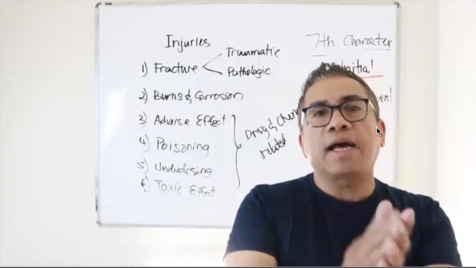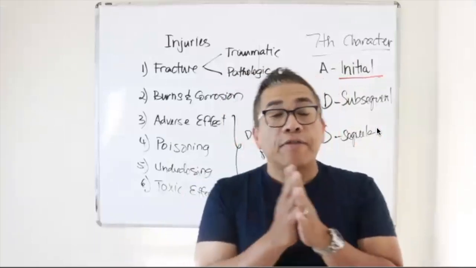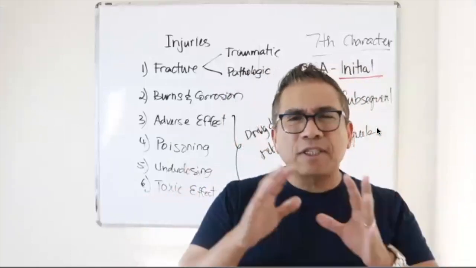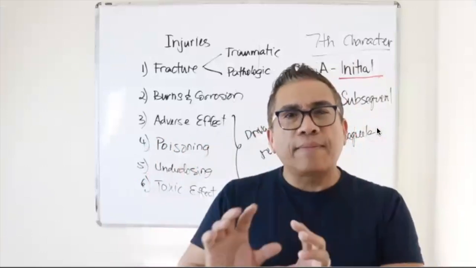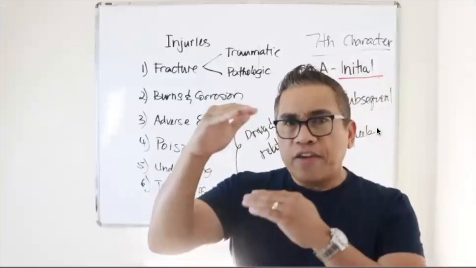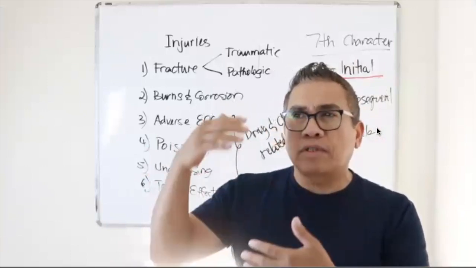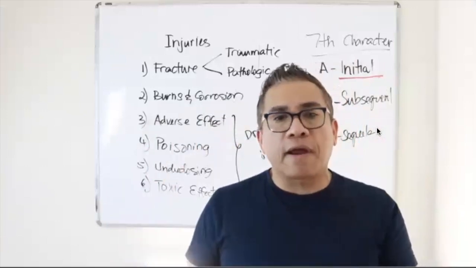Okay. Sometimes, guys, when you go look for the code for any type of fracture, when you go to the tabular, you will see different options of whether it is an open fracture or closed fracture, or displaced fracture or non-displaced fracture.